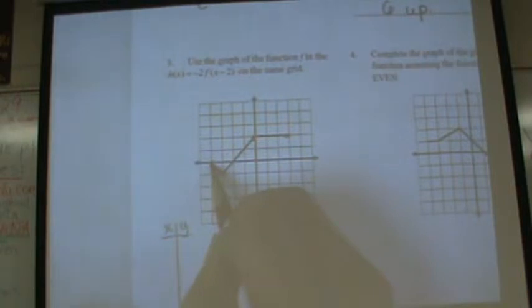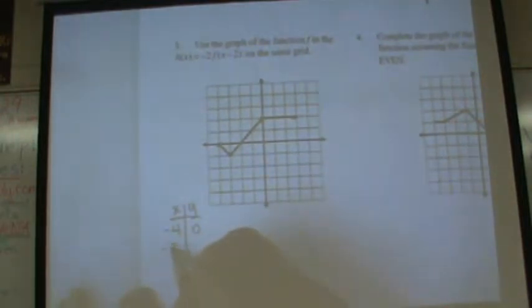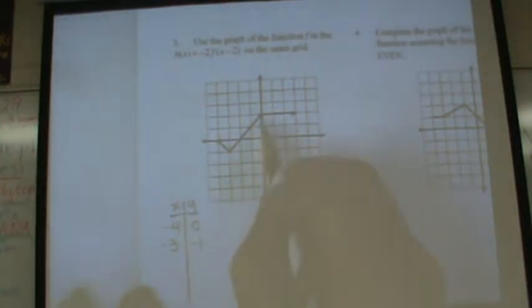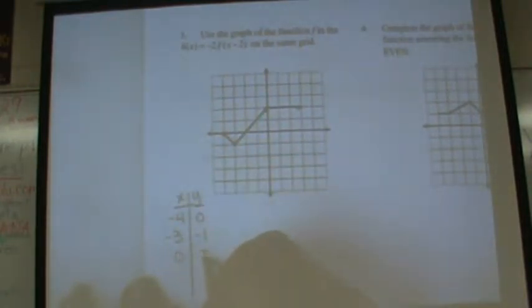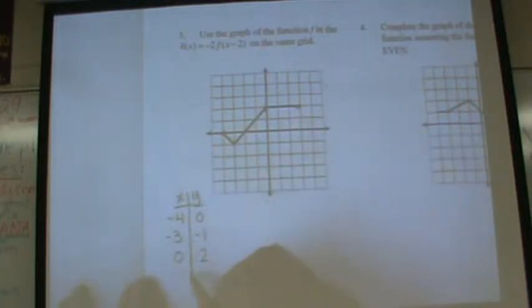So this point is negative 4, 0. This point is negative 3, negative 1. And then we're moving on to 0, 2. And we have 3, 2, right here.